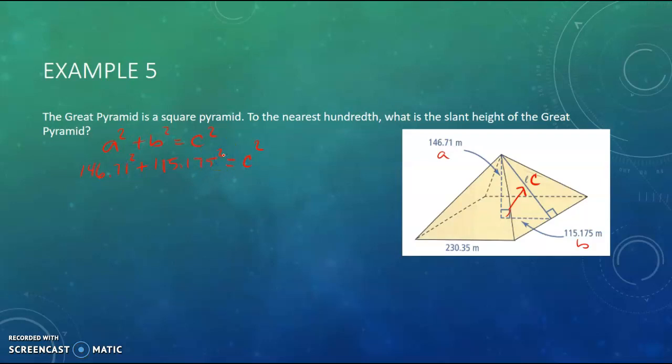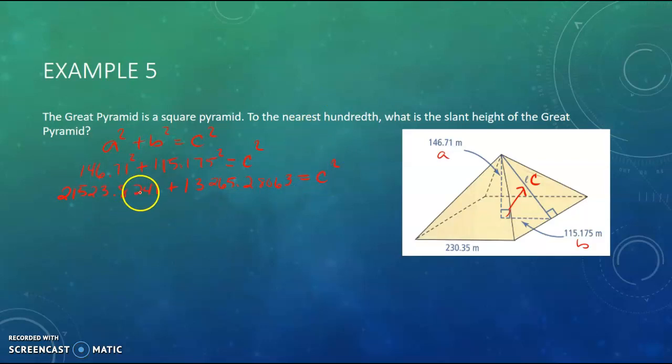So 146.71 squared is 21,523.8241 plus, and then 115.175 squared is 13,265.28, and all of that equals c squared.